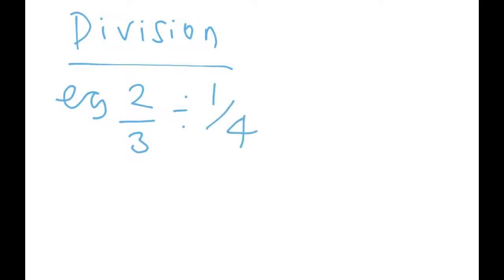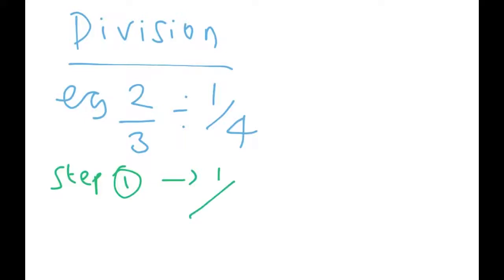Right. Now, how do you divide fractions? Well, we'll do this in steps. So, step 1. You flip over the second fraction, or a more mathematical term is you take the reciprocal of the second fraction. Now, reciprocal means you do 1 over.